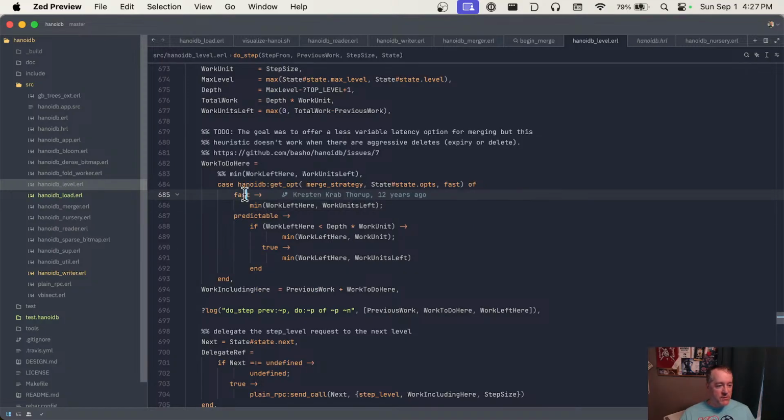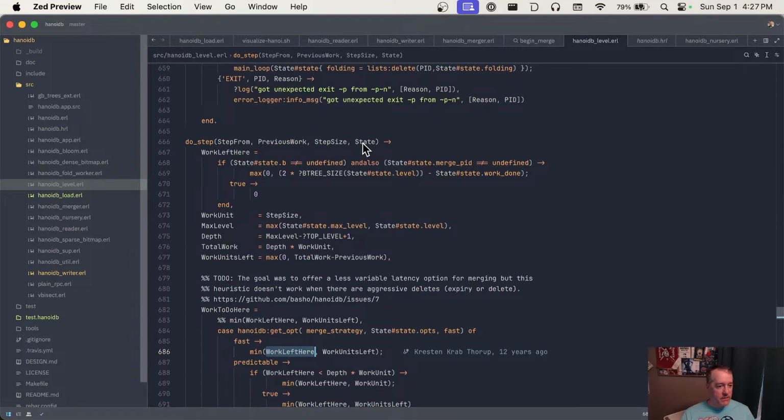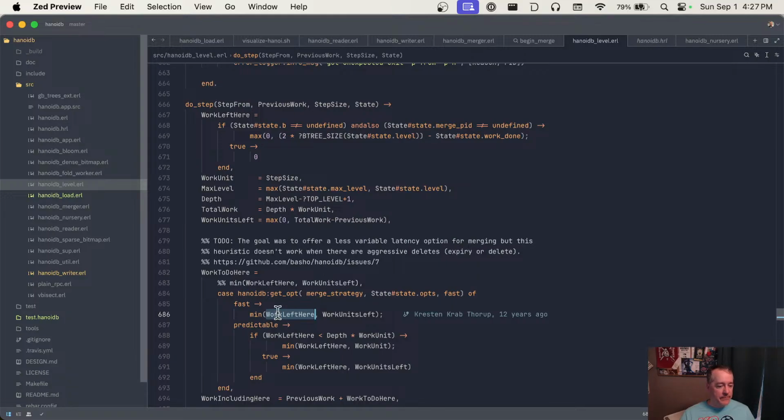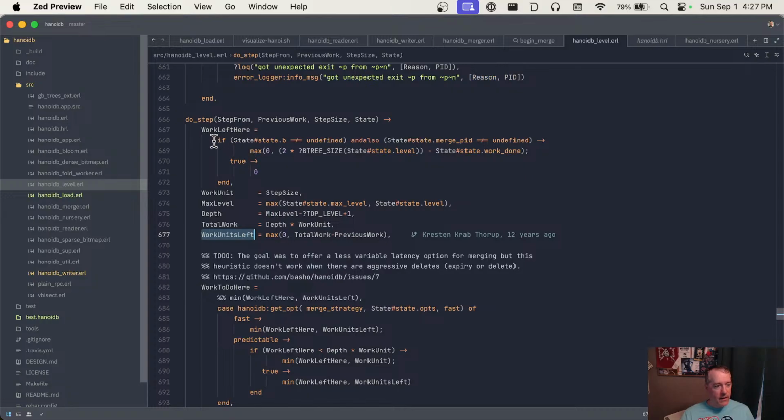right, so you could choose between fast, where's work left here? Okay, so you would choose the minimum between this computed thing and how much work could be done at this level.